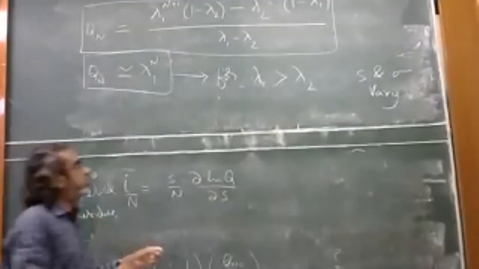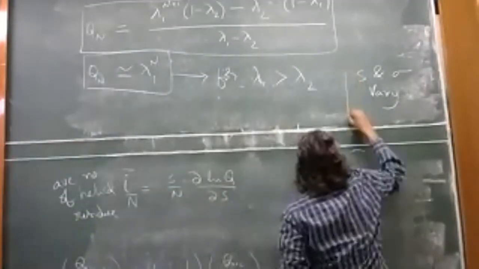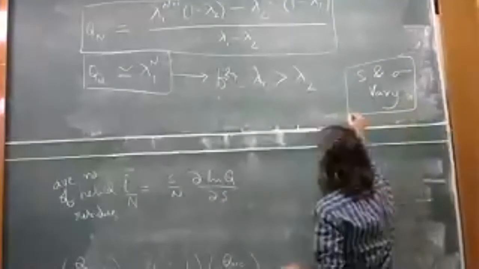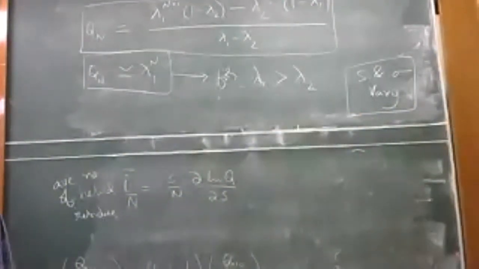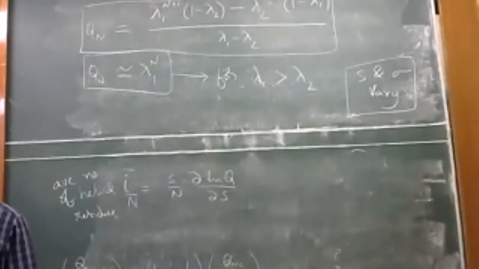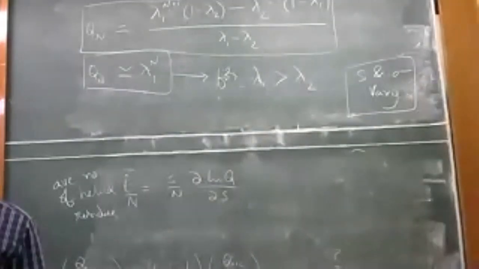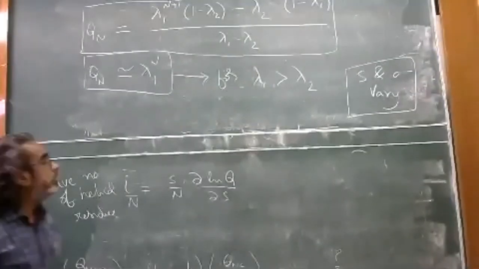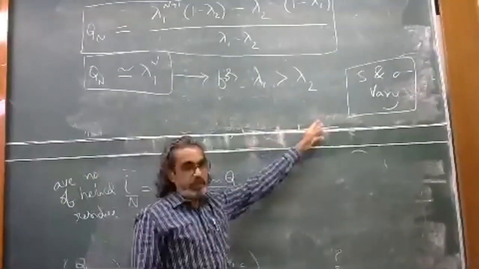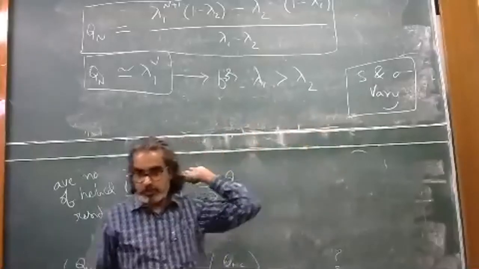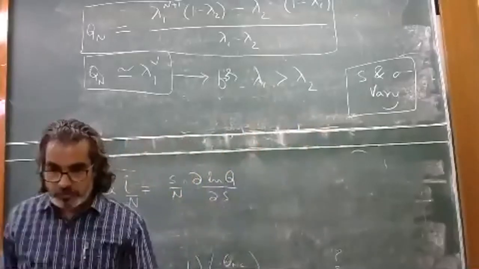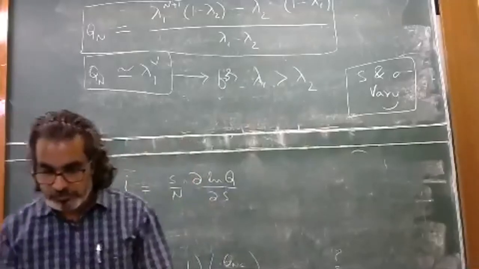But the question is how S and sigma affect the propensity of the helix. We will see some values, how varying sigma and S varies the propensity, in the next class.